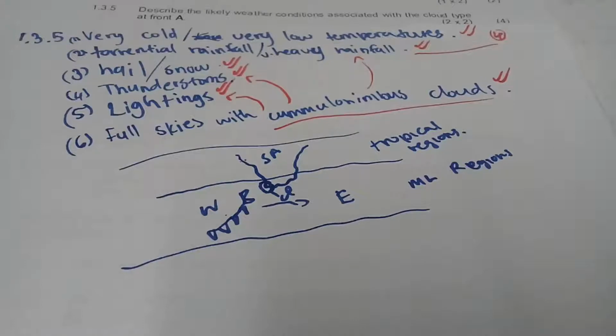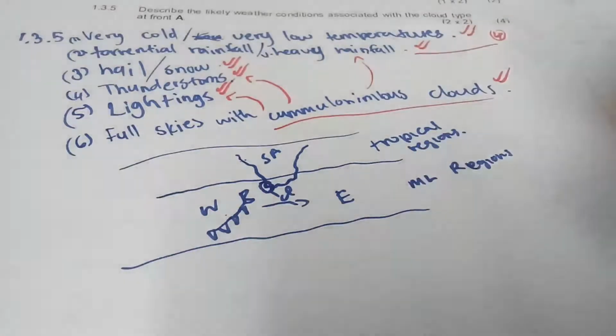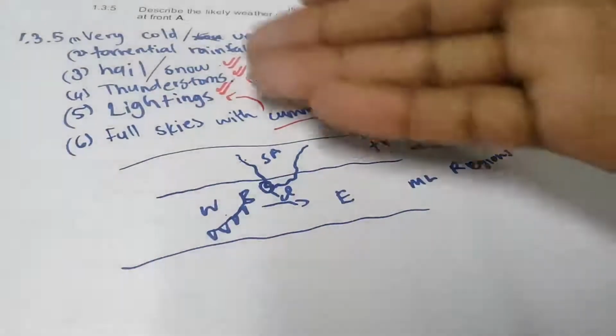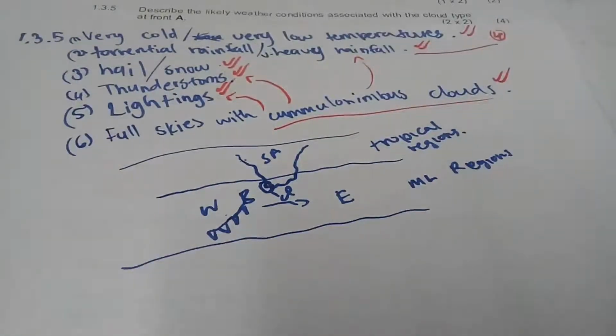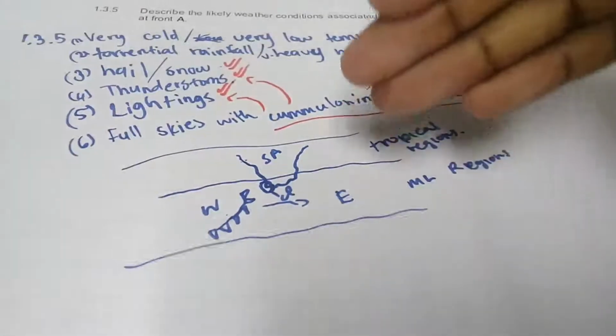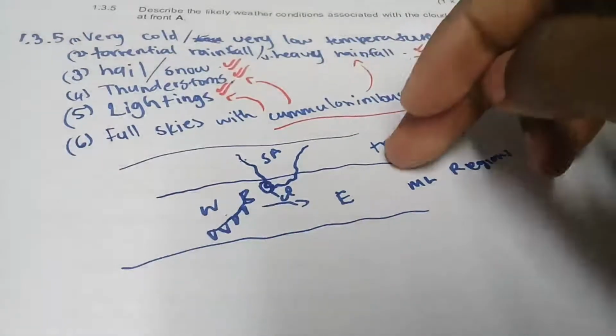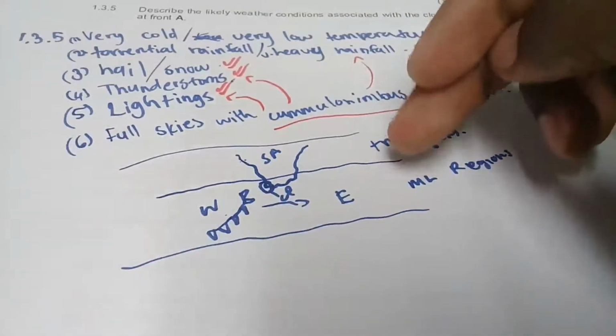Yes, so let's go straight on. Oh yes, it's winter. It occurs in winter, so it's very cold. These mid-latitude cyclones bring cold weather conditions and very low temperatures in winter, because the equator has moved away from South Africa.